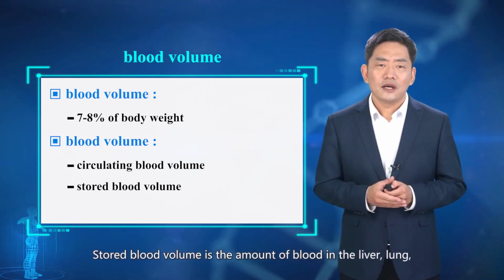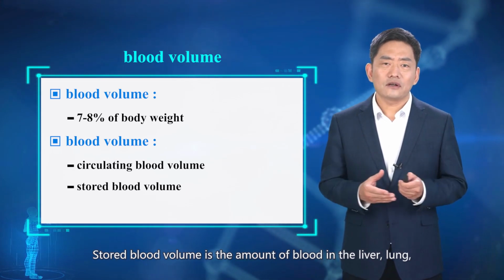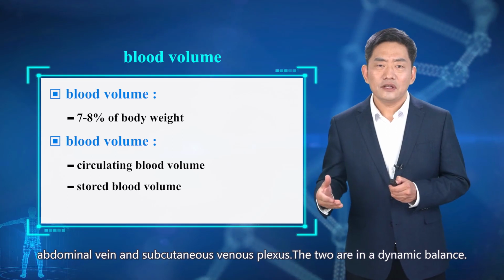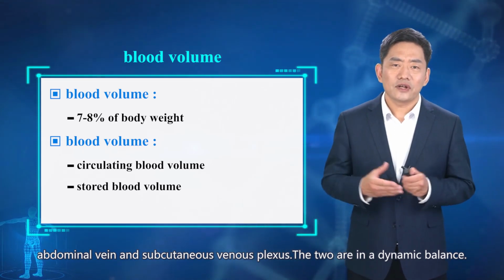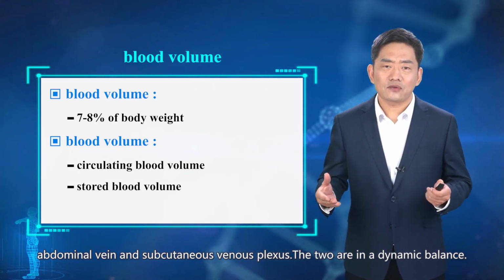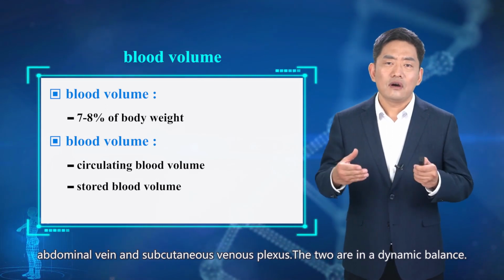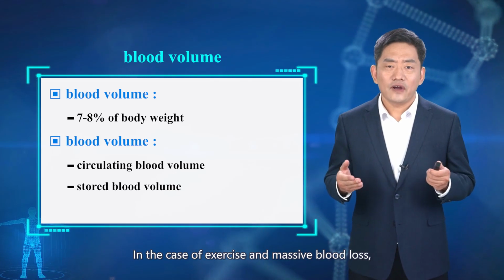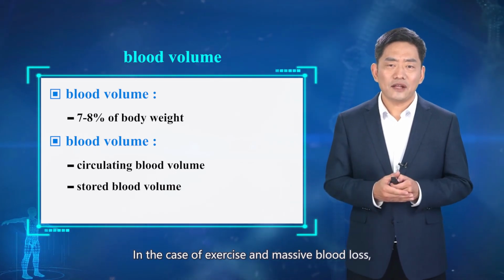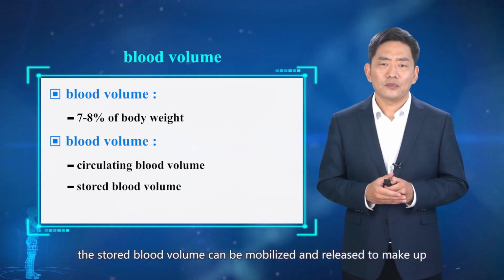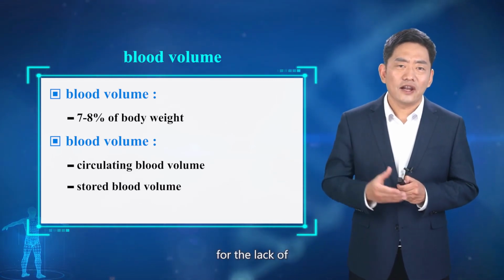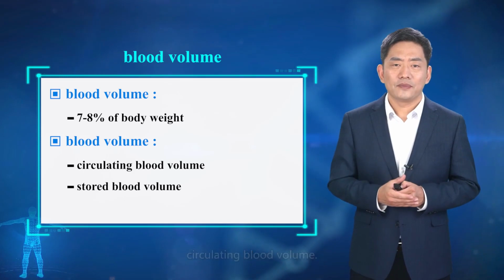Stored blood volume is the amount of blood in the liver, lung, abdomen, vein, and subcutaneous venous plexus, and the two are in dynamic balance. In the case of exercise and massive blood loss, the stored blood volume can be mobilized and released to make up for the lack of circulating blood volume.